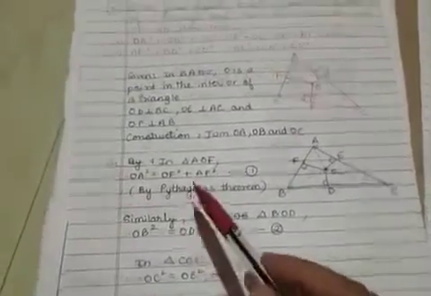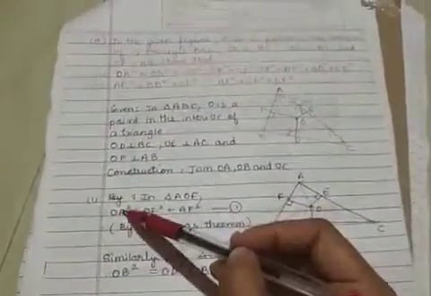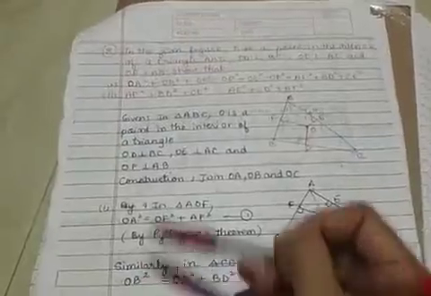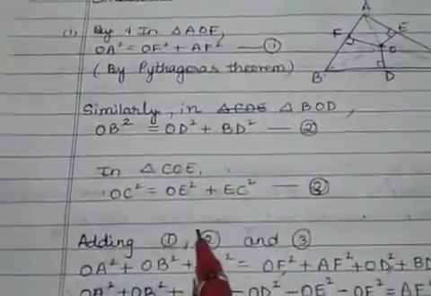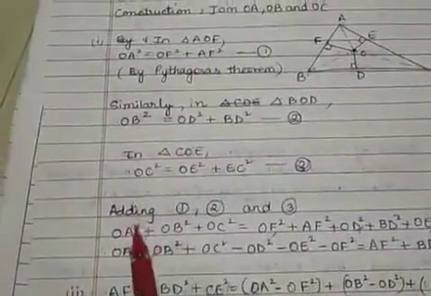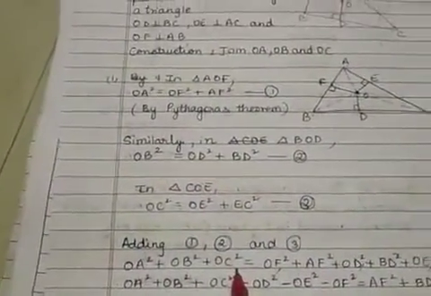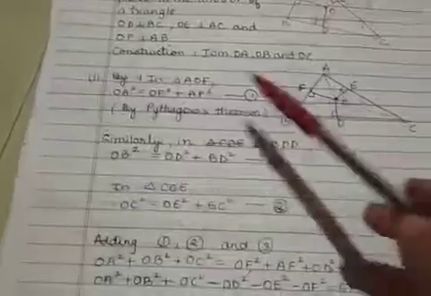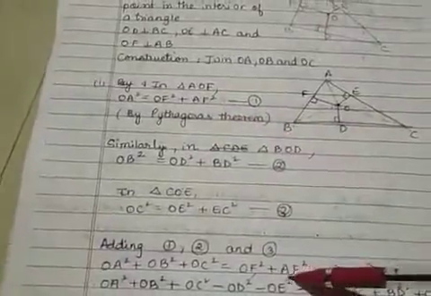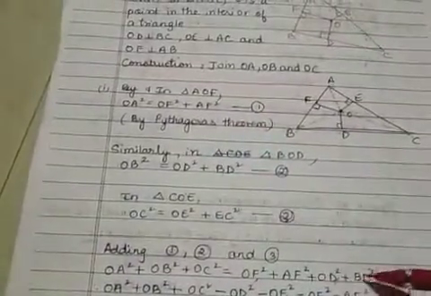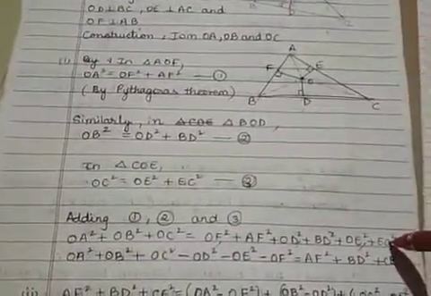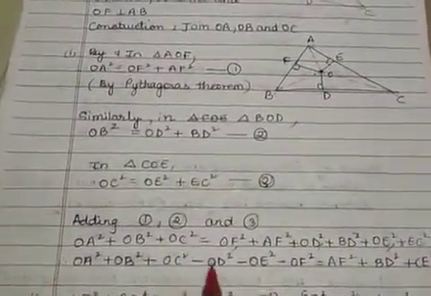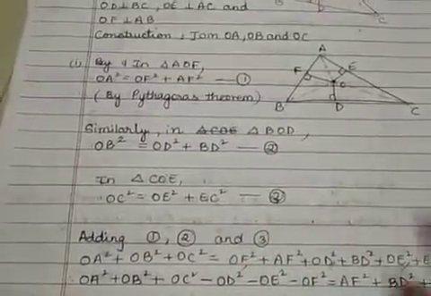Now let us add all the 3 equations because we need OA, OB and OC squares in left hand side. So when you add, you get OA square plus OB square plus OC square is equal to OF square plus AF square plus OD square plus BD square plus OE square plus EC square. Okay, now look at these terms.